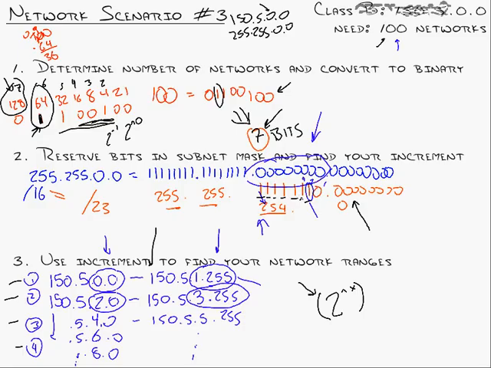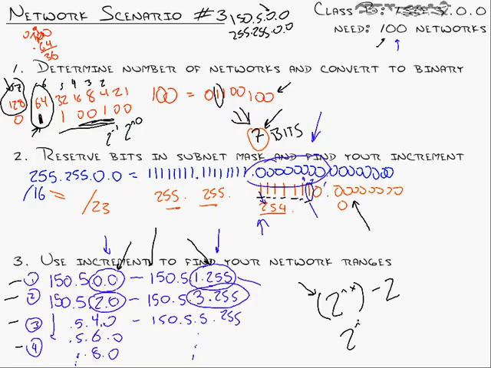We were using ones to find how many networks we get. So 2 to the power of x, with zeros being the x this time, will tell us how many hosts we get. But remember, we have to do a -2 on there. We have to subtract 2 from whatever our value is, because we cannot use the last, nor can we use the first IP address from each range. That's why we subtract 2.